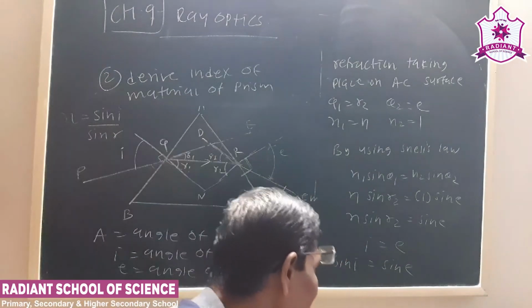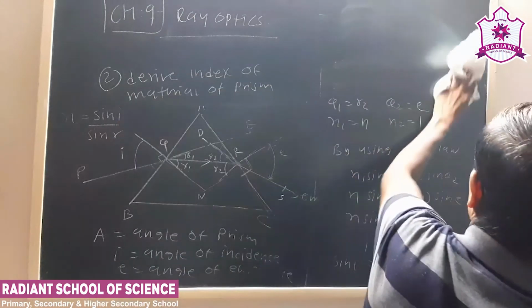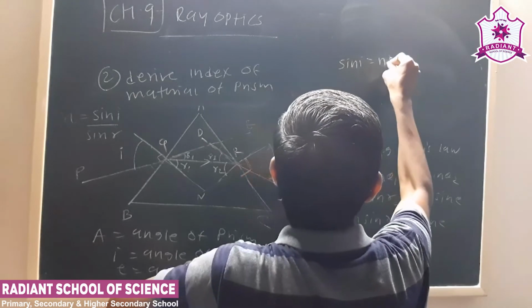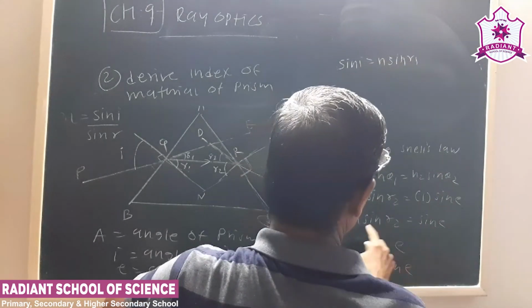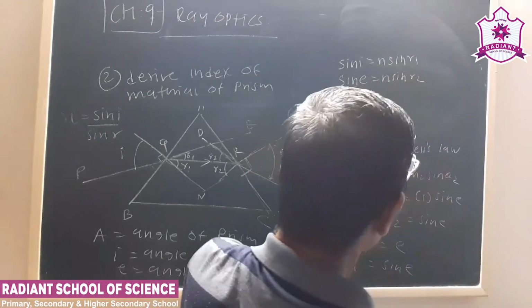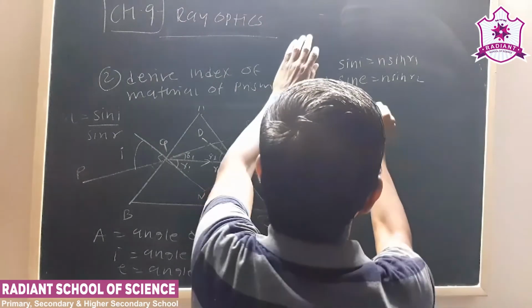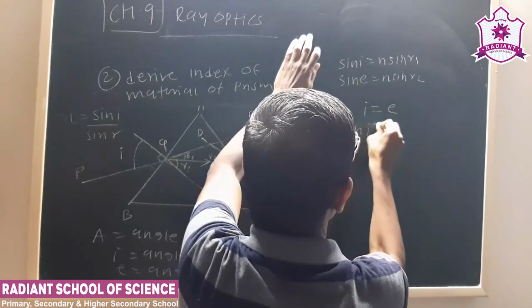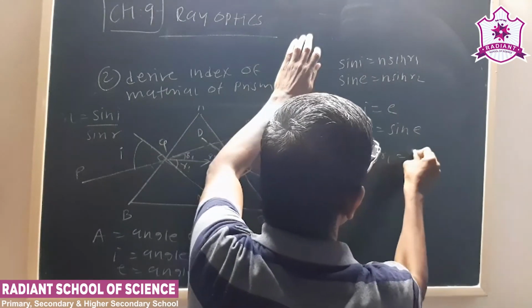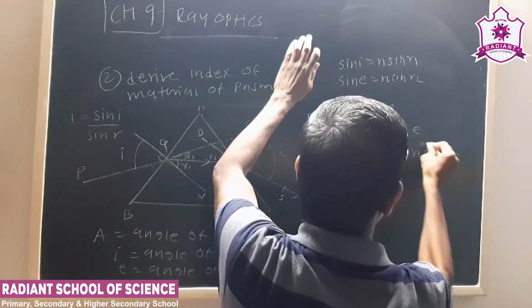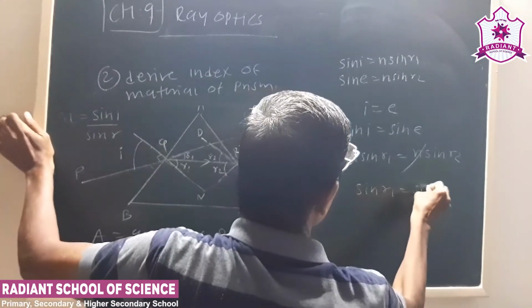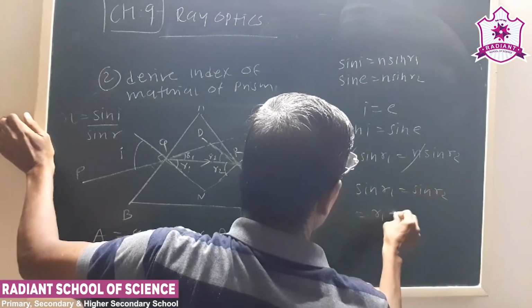Sin i we have proved is n sin r1, and sin e is n sin r2. So we can say sin r1 is sin r2, and from that we can say r1 is equal to r2.